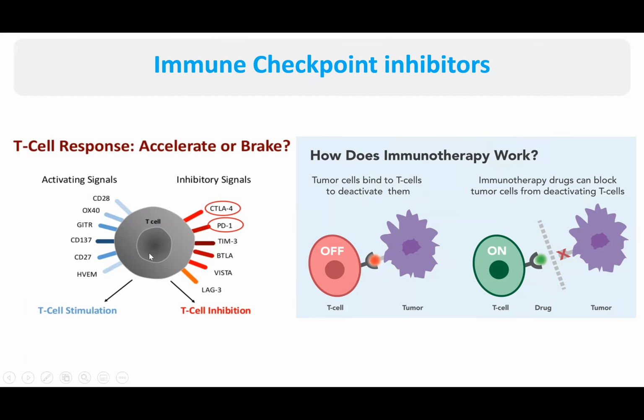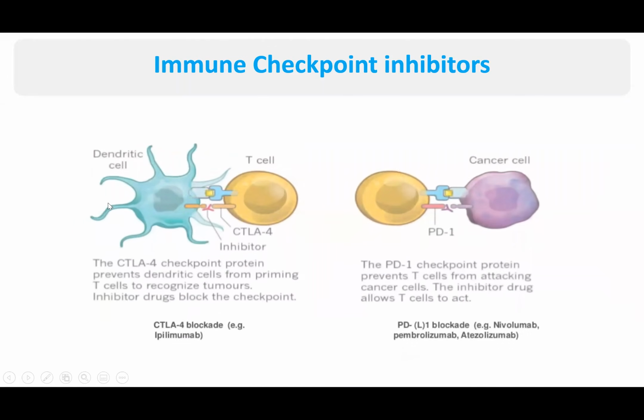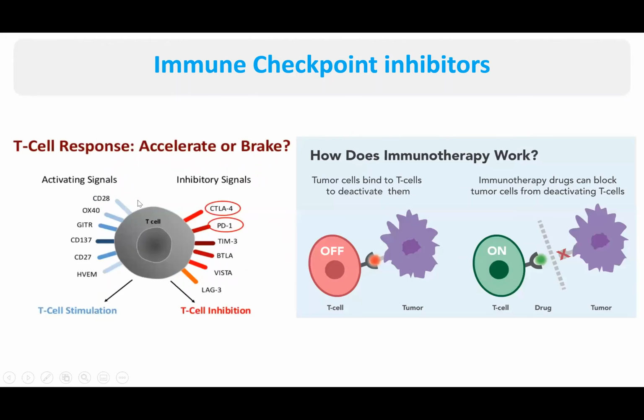Here we have the T cells. T cells have some proteins that can activate them, and also some proteins that can inhibit them upon their binding or activation. For example, an activating signal like CD28. CD28 is essential for interaction with co-stimulatory molecules on dendritic cells like CD80 and CD86.